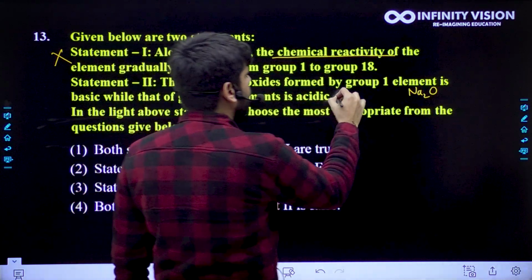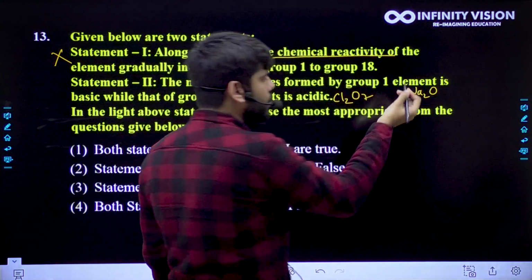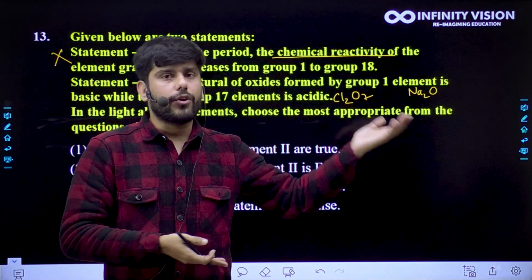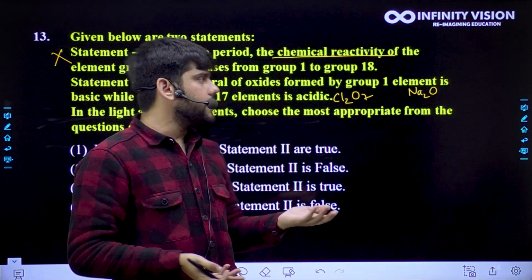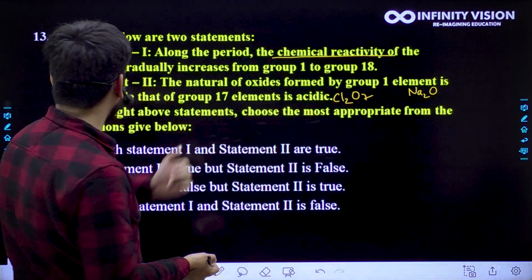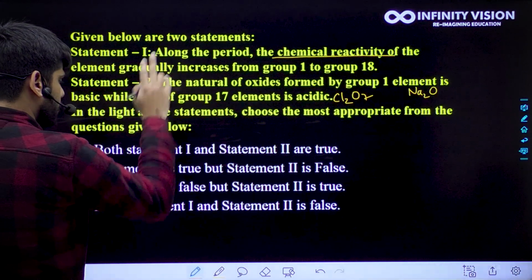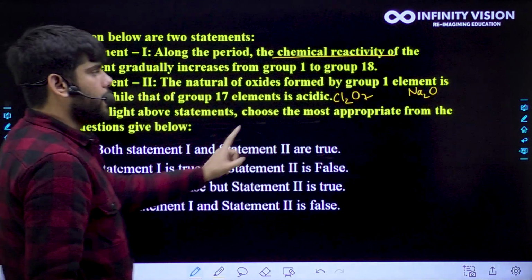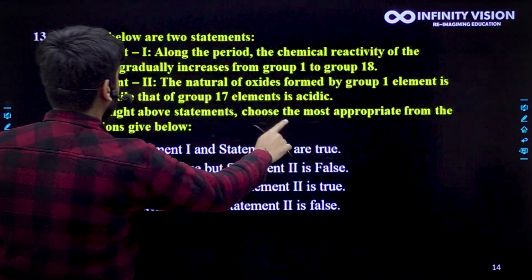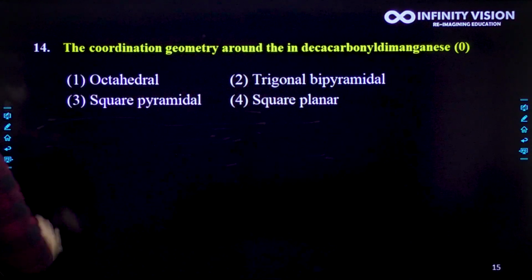For group 17, say Cl2O7, on reacting with water it gives rise to perchloric acid. So yes, this is absolutely correct. The nature of oxides of group 1 is basic. So statement number 1 is false, but statement number 2 is true. Very simple question. Let us discuss the next question.